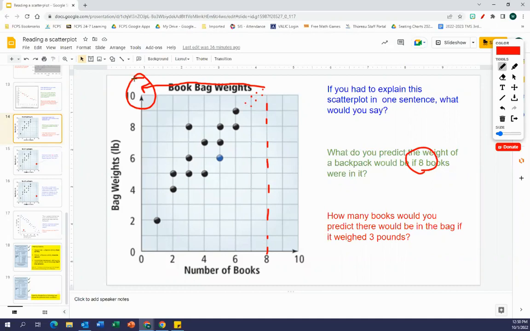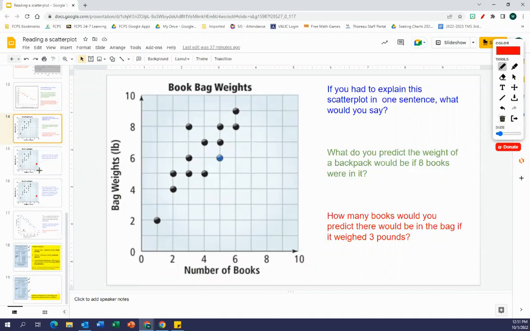In that general area would be an excellent prediction. All right, let's predict how many books would have been in the bag if it weighed 3 pounds. So here's 3 pounds. Here's where my scatter plot generally would be. And I know I can't have partial books, so maybe I would say 1 book or 2 books would be a good prediction.